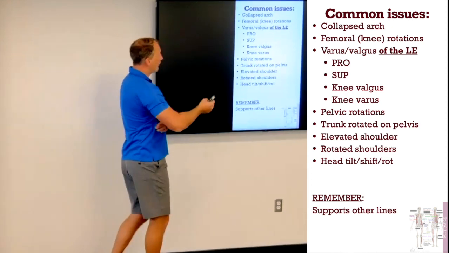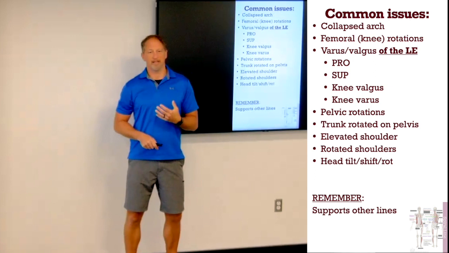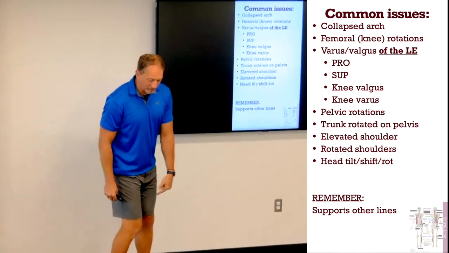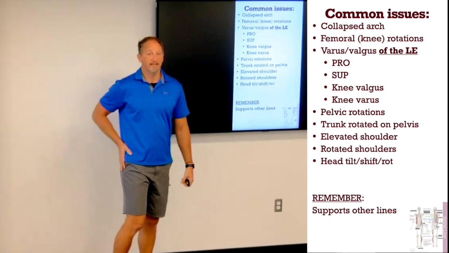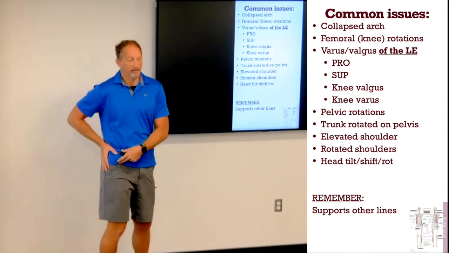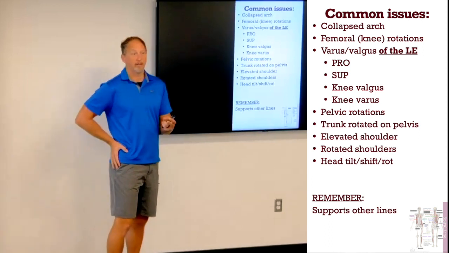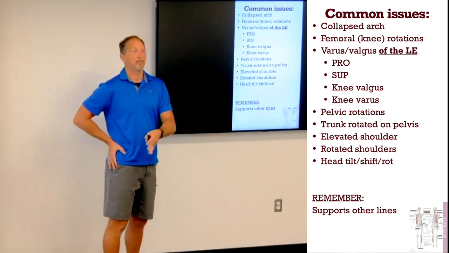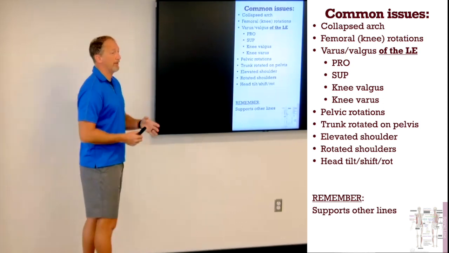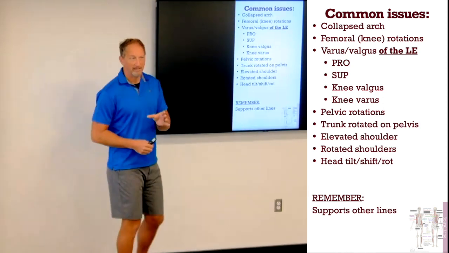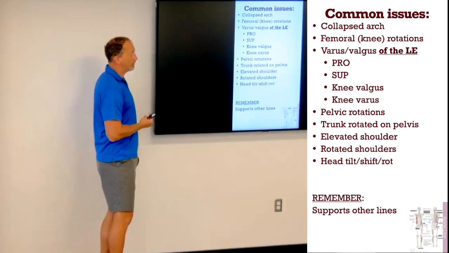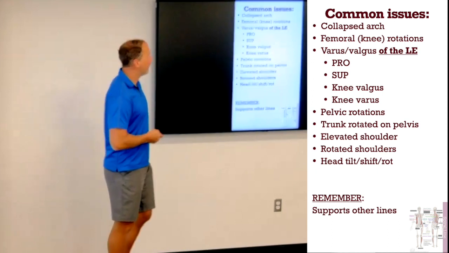So if you look at a knee that's collapsing this way, Brandon says it's not just the glute med, it's the entire deltoid of the hip that's involved. That's a spiral line. Yes, it is, but also remember, that's part of the lateral line as well, so you have to consider the lateral line. You can't just have an isolated spiral line issue because of how many of the structures are shared with other lines.